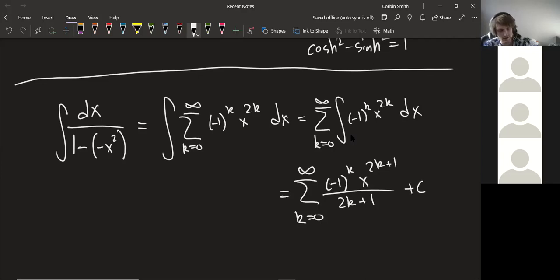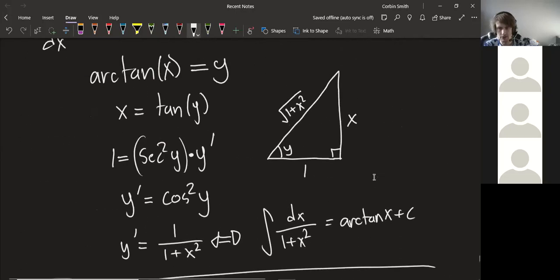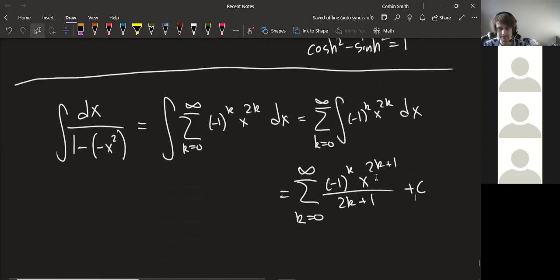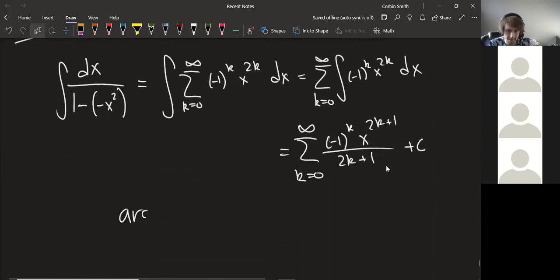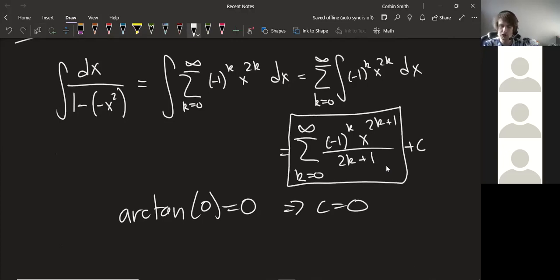So we know that arctan of 0 should be 0, right? So if we plug that into here, then we get that c is equal to 0. That's pretty nice. I will say that arctan is one of the few inverse trigonometric functions that has a nice series like this, or that you can use a geometric series for.